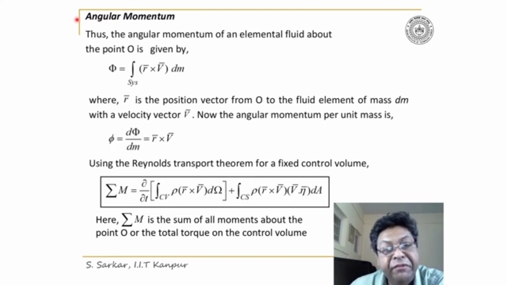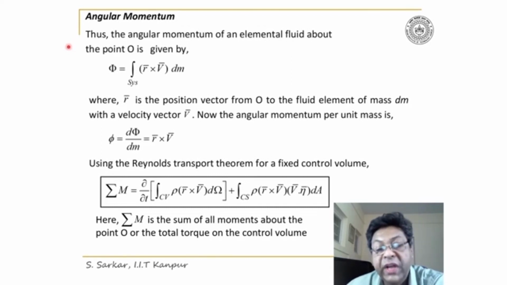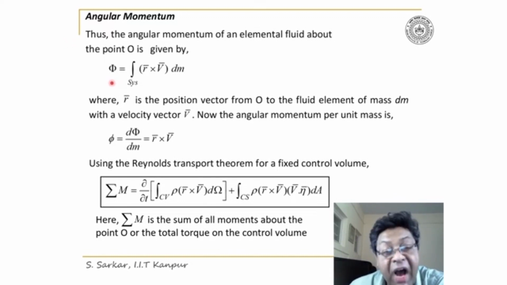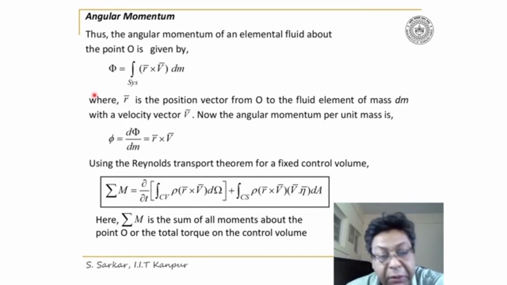The angular momentum of a fluid element of mass dm with respect to a point O is given by capital phi equal to integral of r cross v dm, where r is the position vector of the fluid element with respect to a certain coordinate system, and v is the velocity vector of the fluid element.